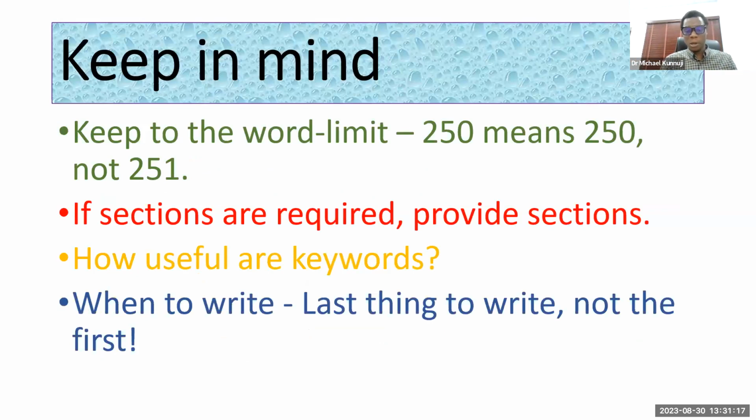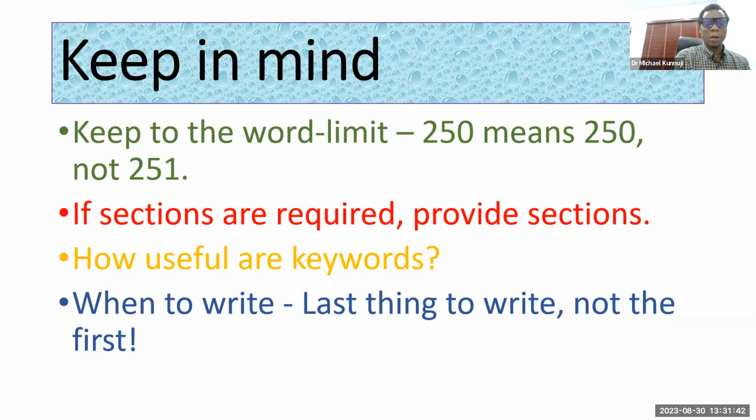So this is what your abstract should look like. And you should keep these things in mind. Don't ever go beyond the word limit. If you have 250 words, don't write 251 words. That can disqualify you. If sections are required, provide sections. If you're expected to write in just one paragraph, write in one paragraph.